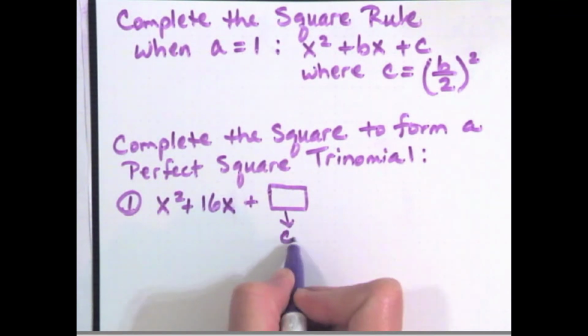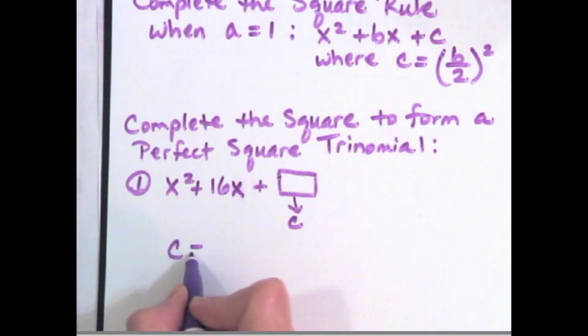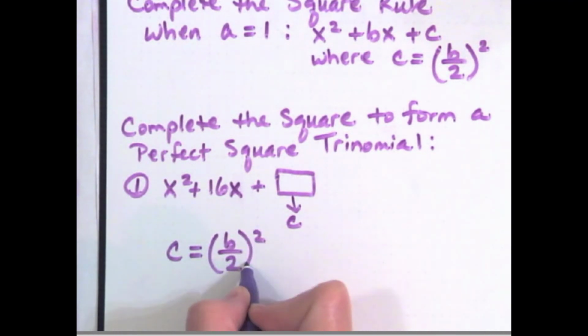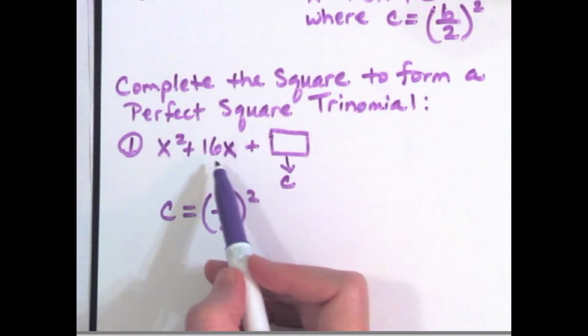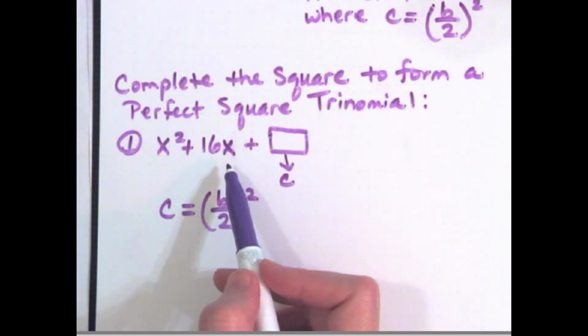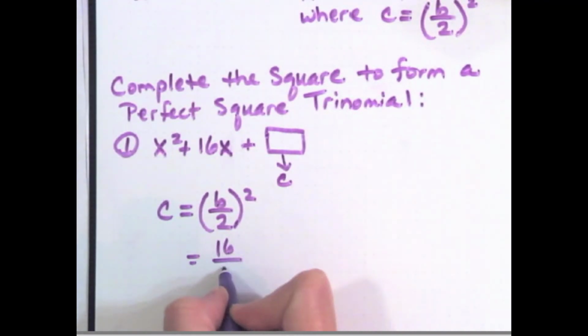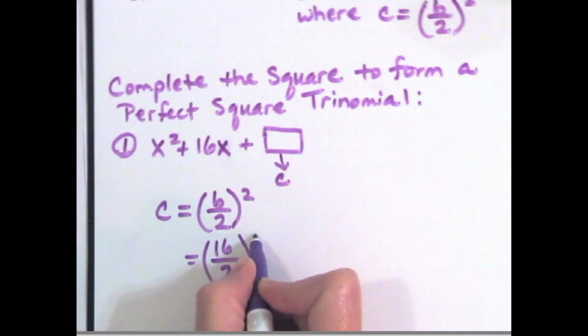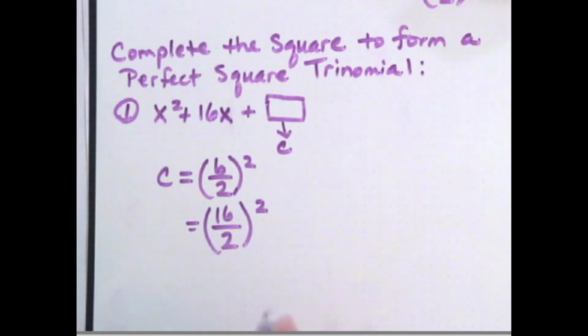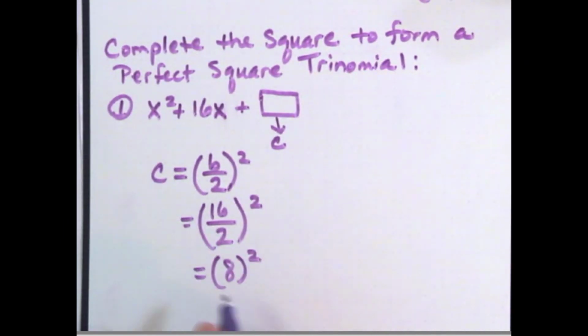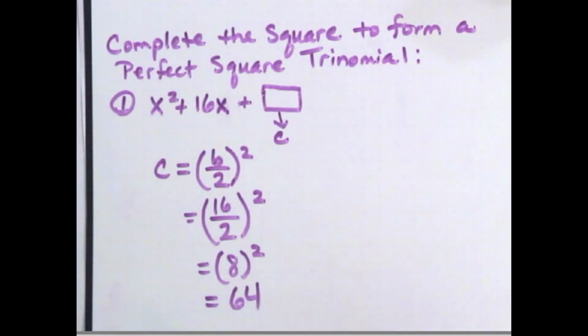That's our constant. We don't know what that is. So we do have a little rule though. C is equal to b over 2 squared. So b is in front of our x term. So that will be 16 divided by 2 quantity squared. So do what's in parentheses first. 16 divided by 2 is 8. 8 squared is 64.